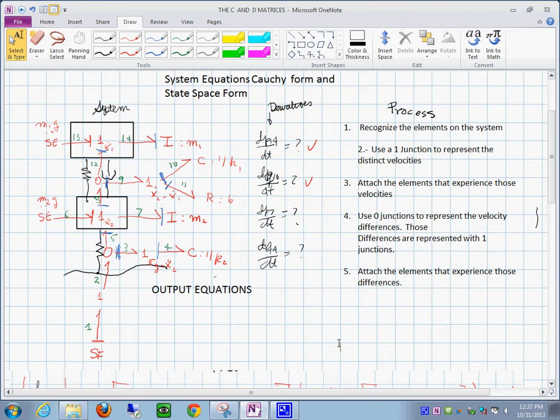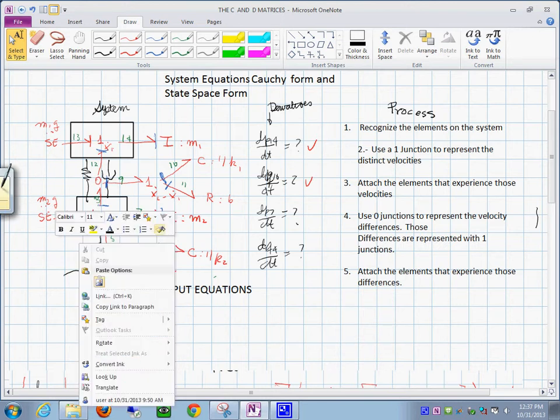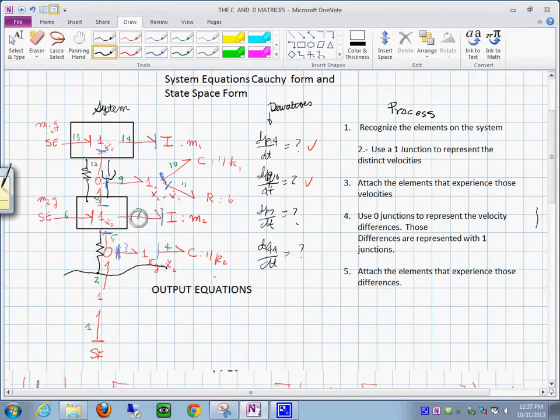We have this situation here. We have this simple suspension system that you see here, and we have drawn the bond graph model on top of the system in red here. And in here you have the process that we used to generate it.